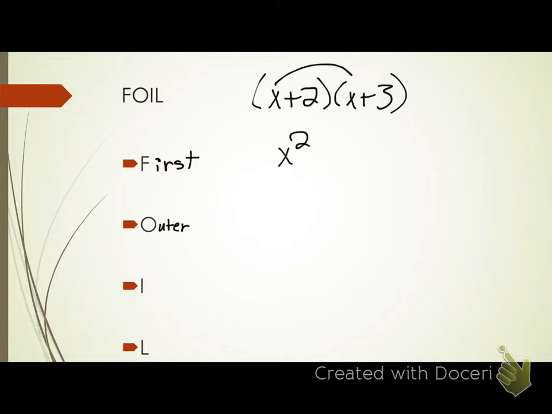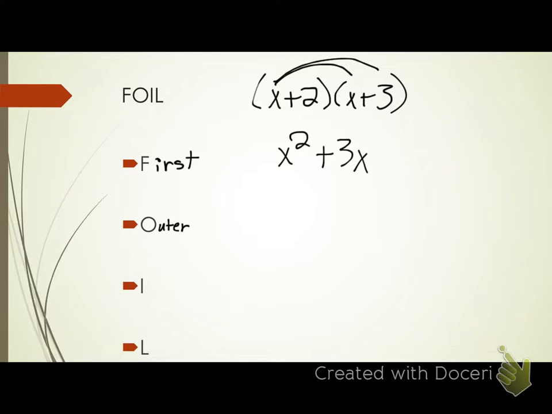Does everyone see how those are outer? We're not looking outside the parentheses. I'm just looking at the very outside of the product as a whole. So now I'm multiplying the outer terms. What's x times 3? 3x. Questions on that? No.